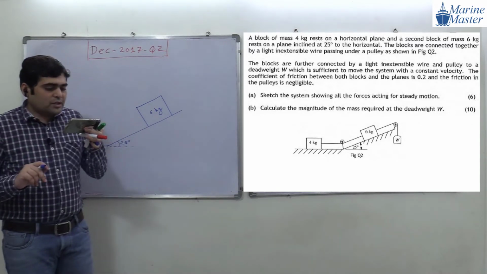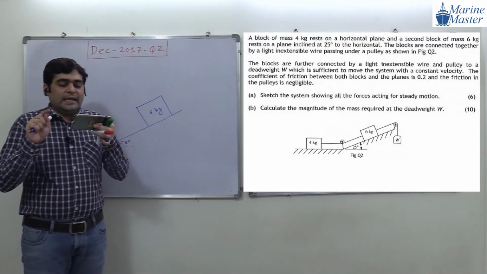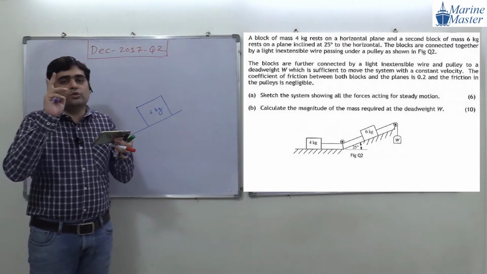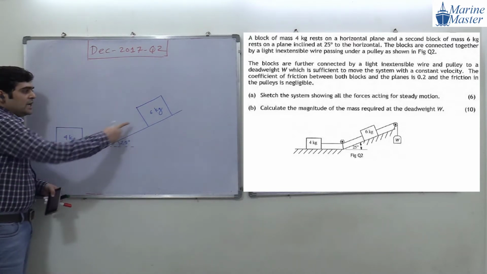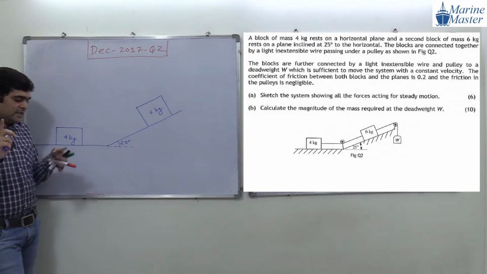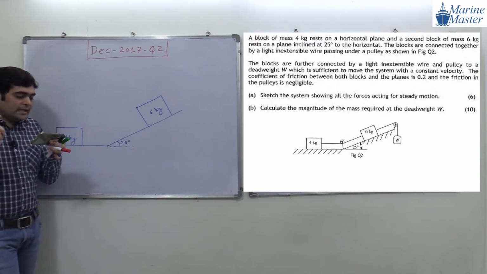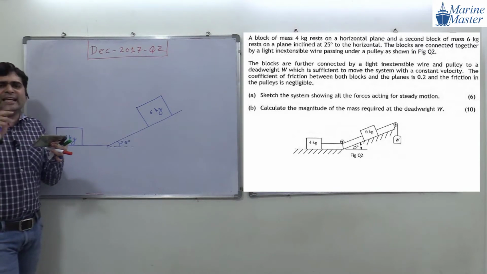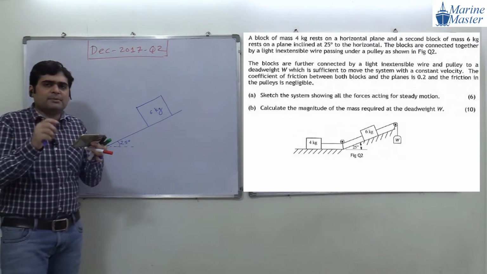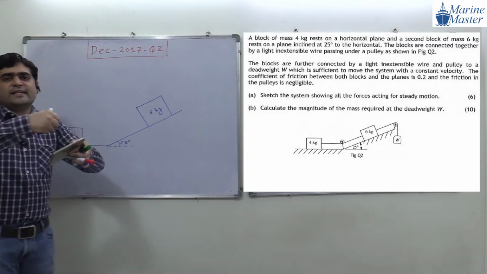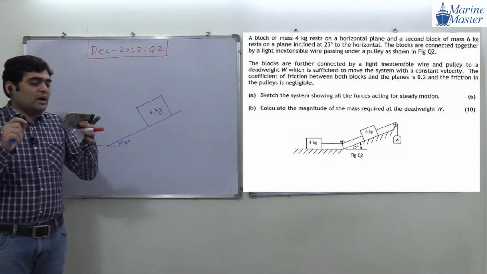Next, see that the blocks are connected. There are two blocks, one 4 kg and another 6 kg. These blocks are connected together by a light inextensible wire. Inextensible means which can't be extended; we can't extend that wire. It passes under a pulley.